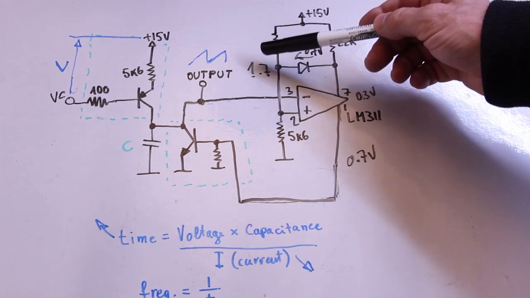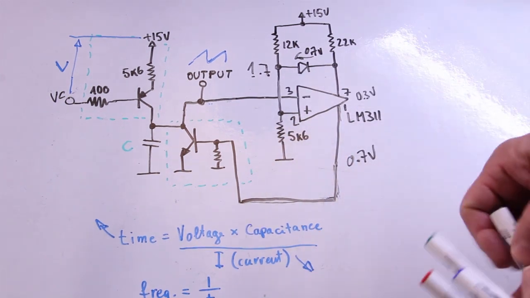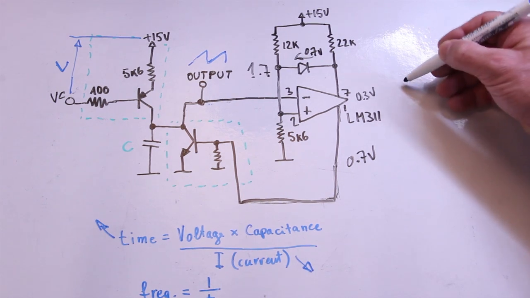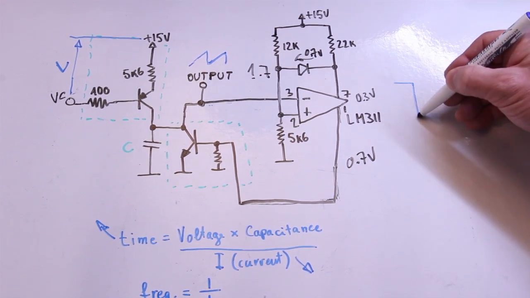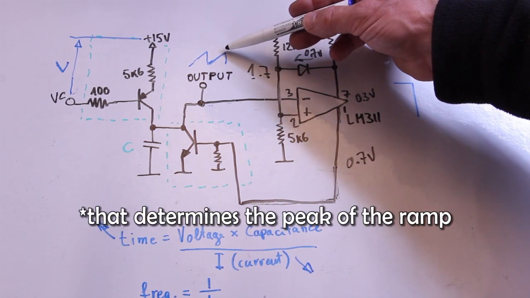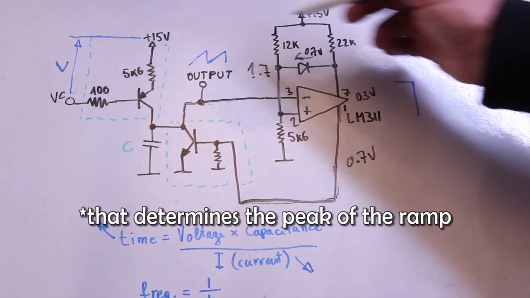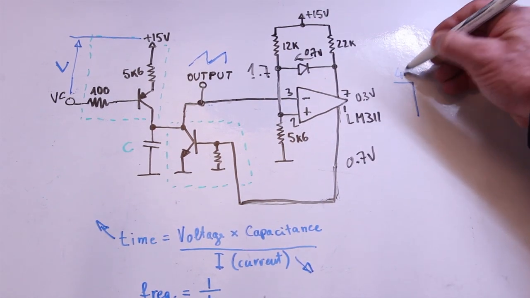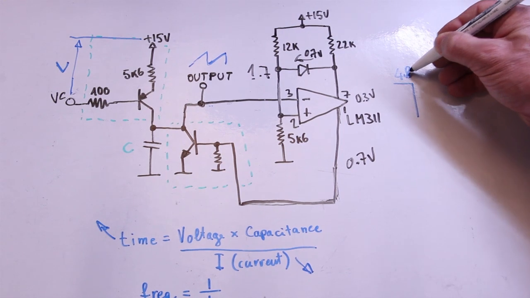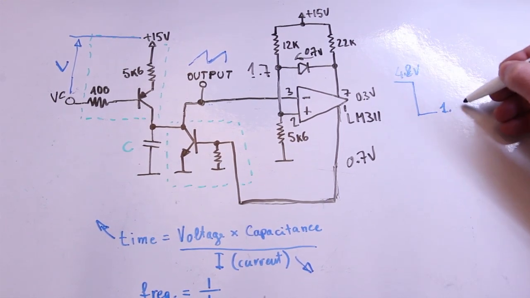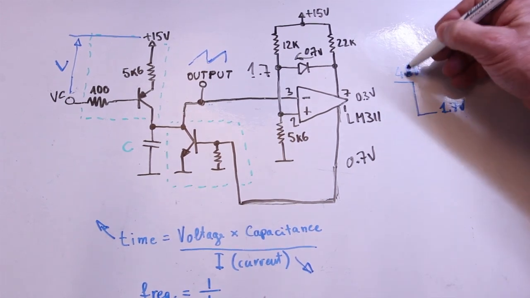The voltage here changes between the original level that was the peak of the ramp, from about 4.8 volt to about 1.7 volt.